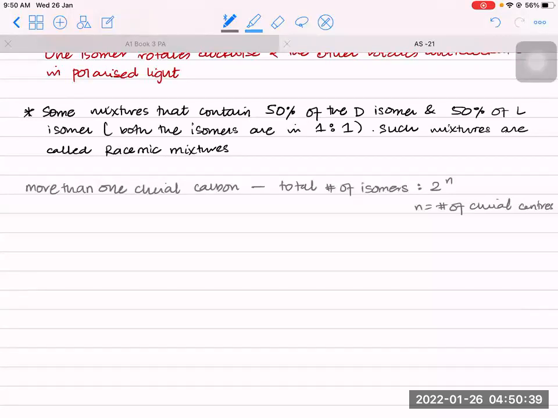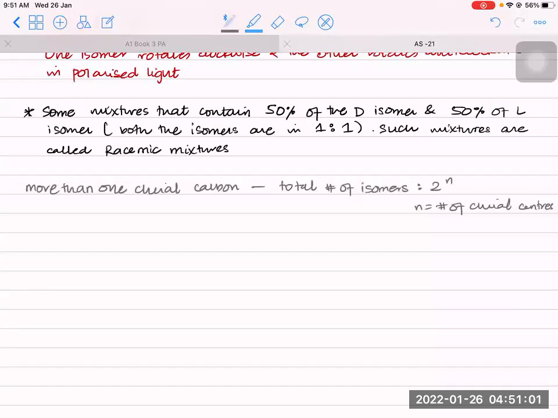Understood? Is this clear? So if you have more than one chiral center that can show optical isomers, then your total number of isomers will be 2 to the power n, where n is the number of chiral centers.